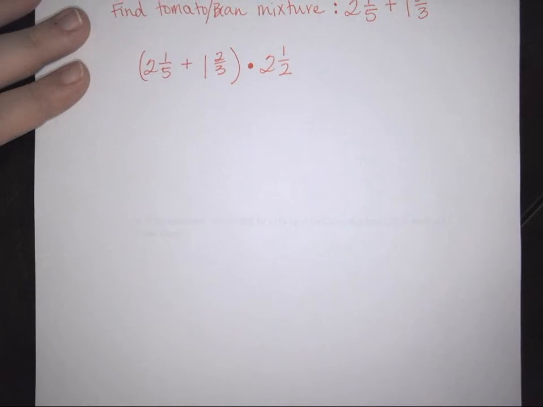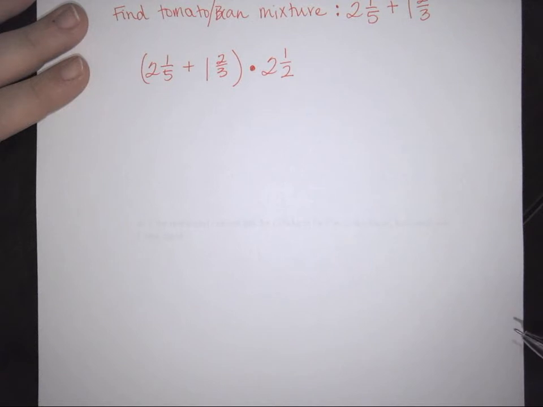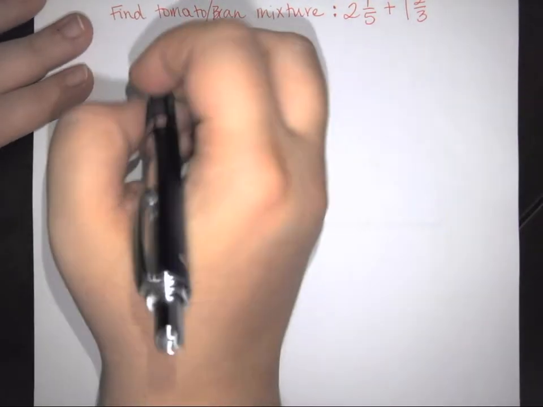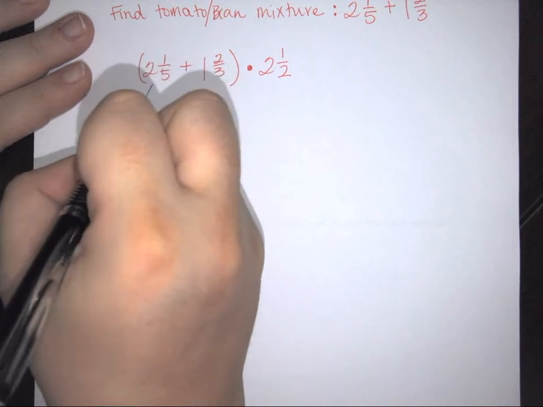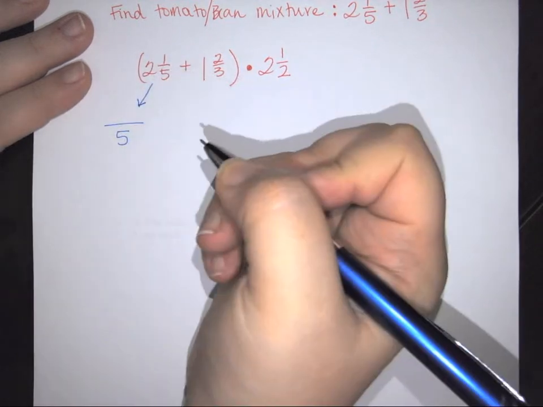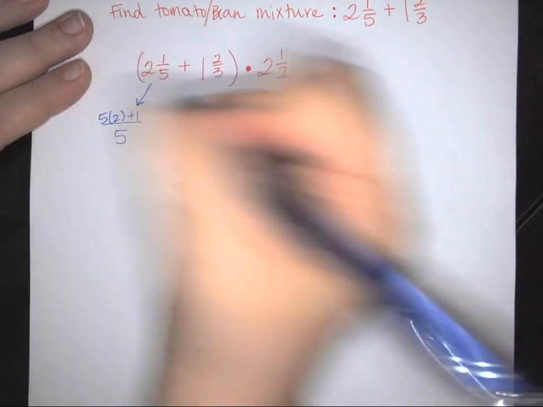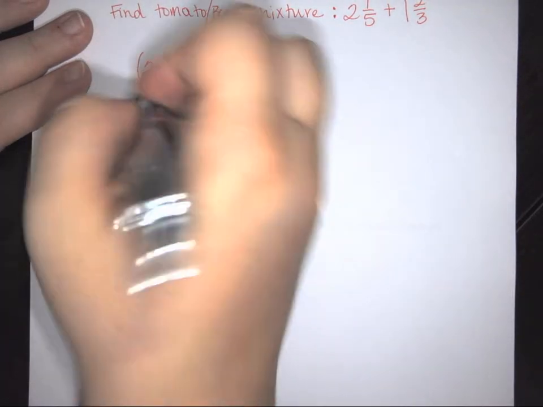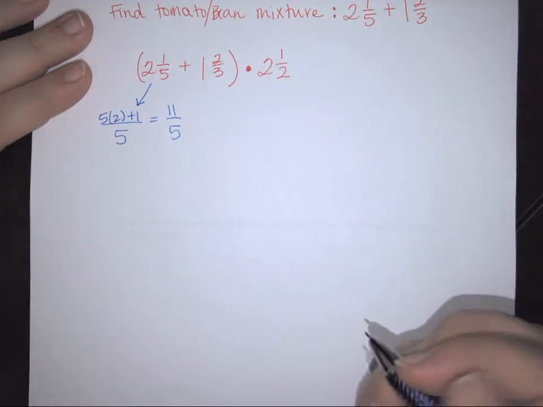So that is the actual problem that we are trying to solve. The first thing that I would do here is interchange everything over to fraction notation. If I look at this first fraction, I'm still going to have a 5 in the bottom, and this is going to be 5 times 2 plus 1, which is going to give me 11/5.